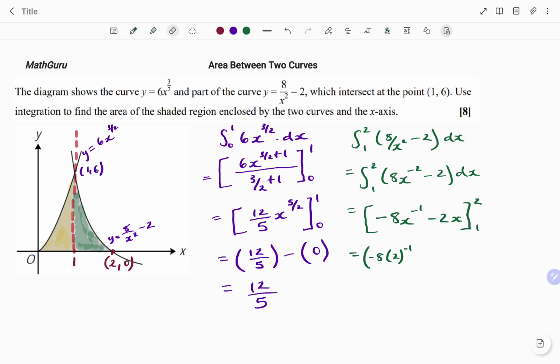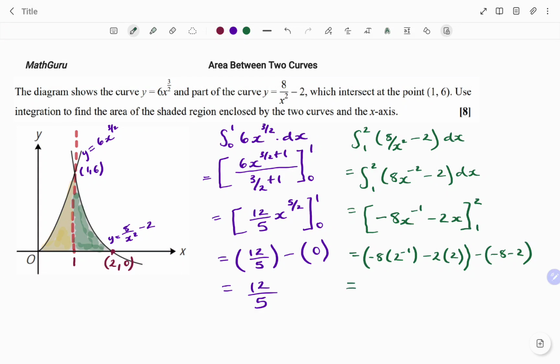I'm going to correct that because only the 2 is raised to negative 1, which is my x, close bracket, minus 2 in bracket 2, and I close my bracket, minus, then I have 1, so that will be minus 8 minus 2, close bracket.